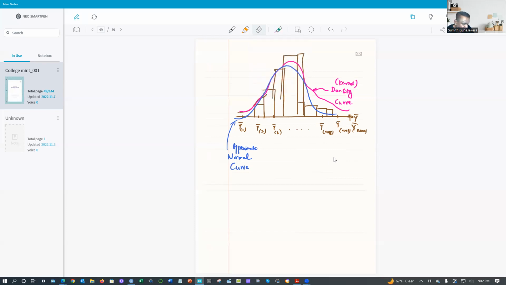Let's say something like that. I'm going to say from this one to this one here, under that curve. I'm going to draw it larger for my convenience.